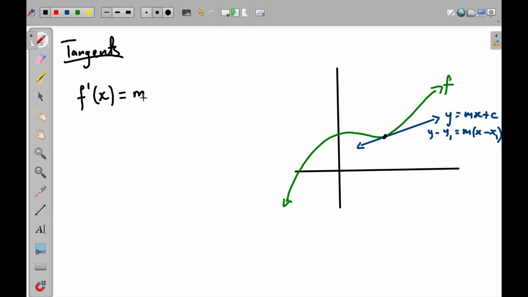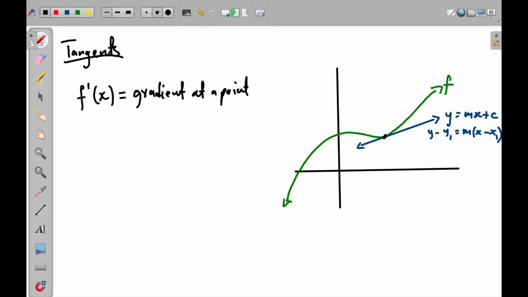And not just a gradient, but it actually represents the gradient at a point. This is very important to understand. It represents the gradient at a point. I need us to first understand this important concept.